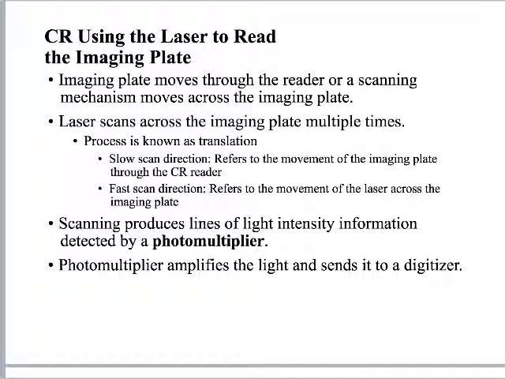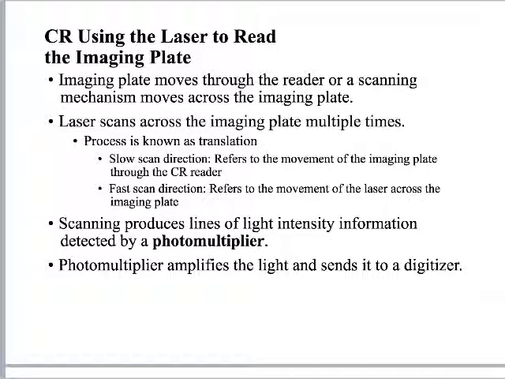So as this imaging plate moves through the reader, the laser scans across it a whole lot. We've got this translation process, and this is what I was talking about, the two scan directions. We have a slow scan direction, which refers to the movement of that cassette through the reader. That's the slow scan.